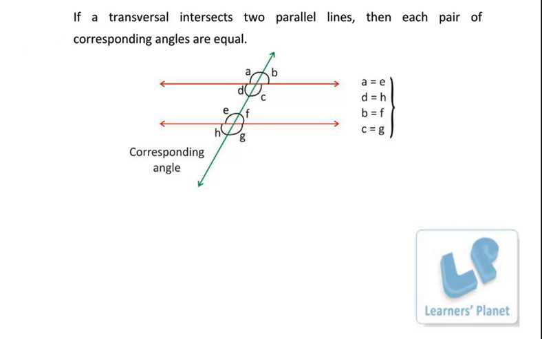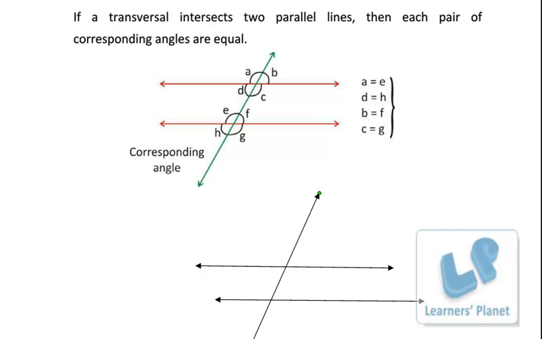So for that I just draw two more parallel lines over here and just try to make the same set. This is the line, then I have one more line. These two are parallel lines, and this is the transversal.